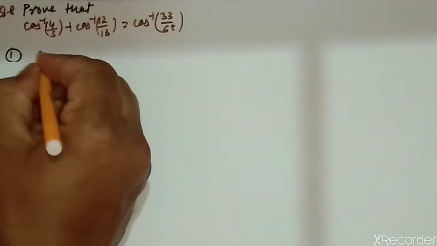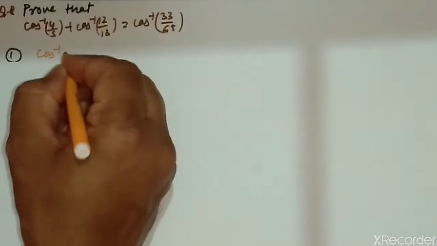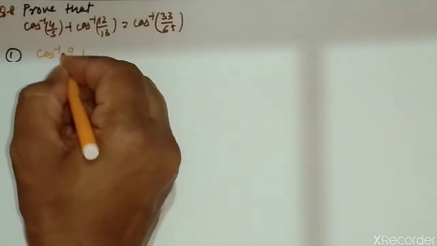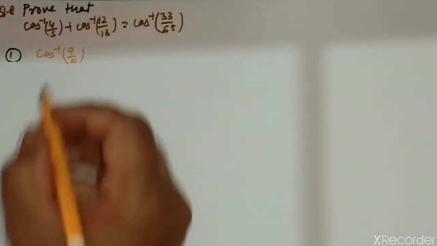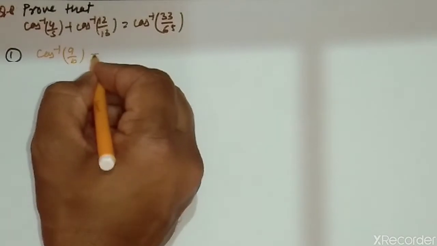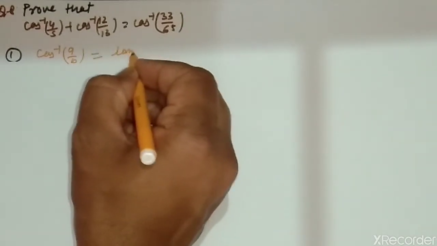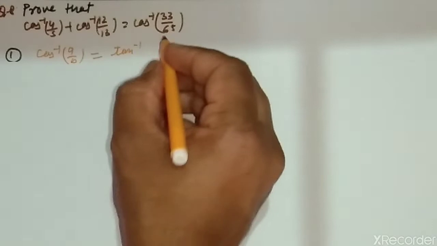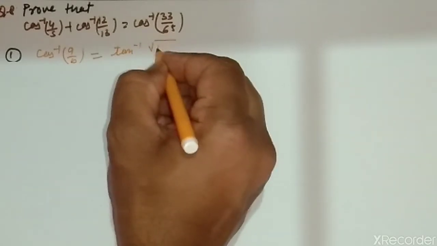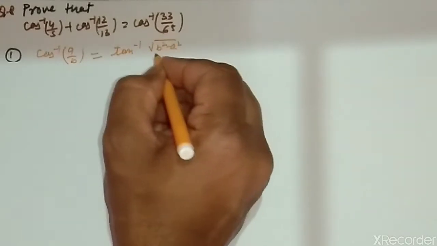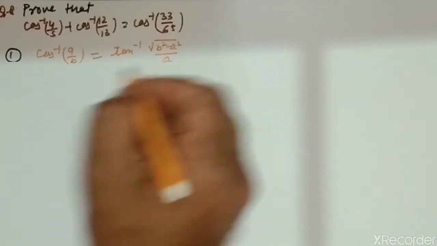So to remove this problem, we have to write an identity. So identity 1 is that cos inverse a upon b is equal to tan inverse of under root b square minus a square upon a. Clear?